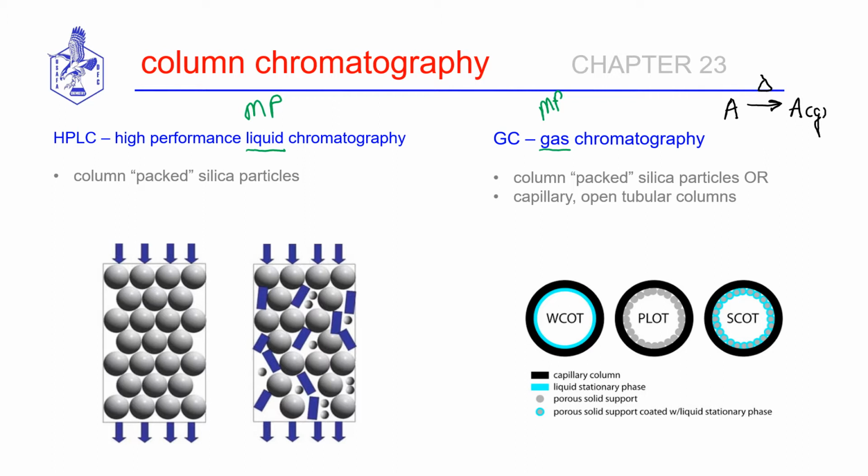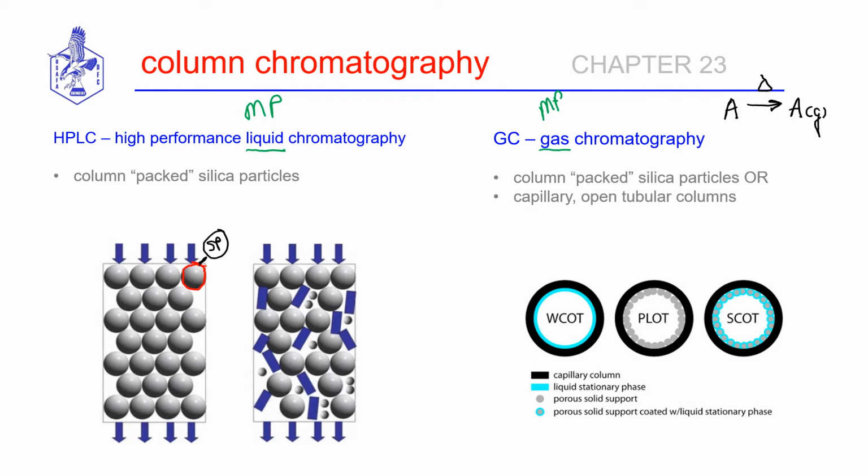So the columns that we use for these two techniques are as follows. When we do LC, we are using a packed silica column most often. Okay, as we talked previously, these are silica particles, spherical in nature. And we've bonded to the surface a desired stationary phase material that has a property which is going to work well for our separation.